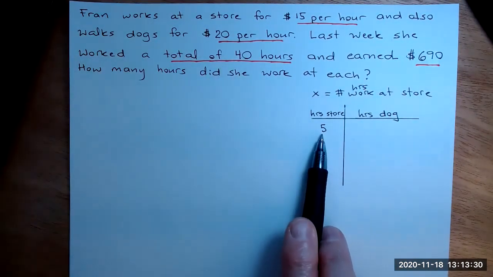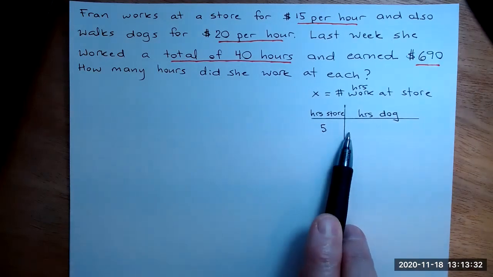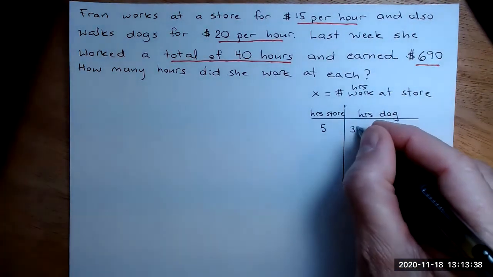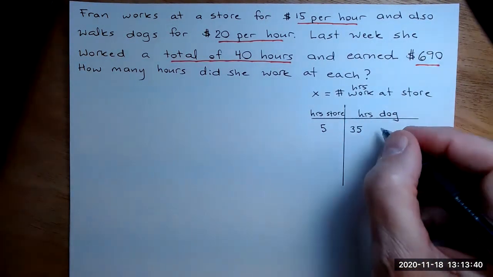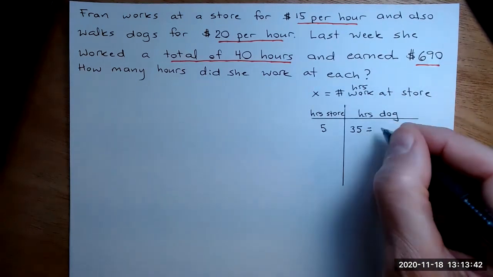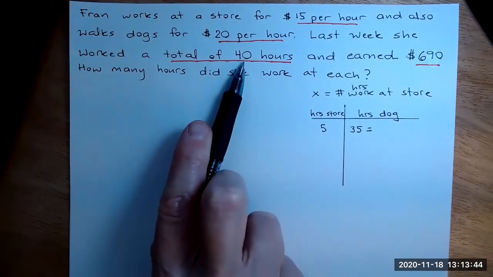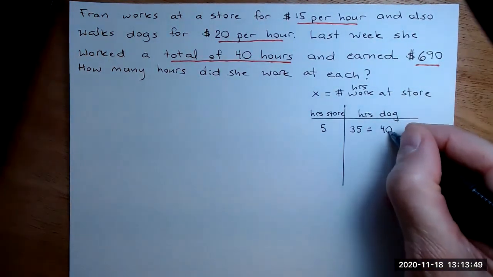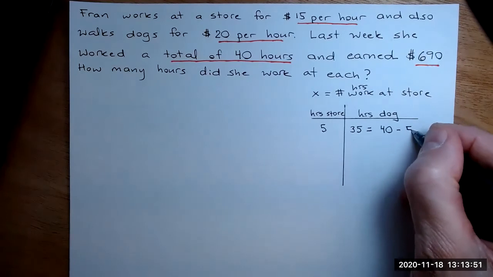If 5 of them were at the store, how many hours were walking dogs? If you said 35, that would be correct. Now, how did you get 35? That's right, you took 40 and subtracted 5 from it.